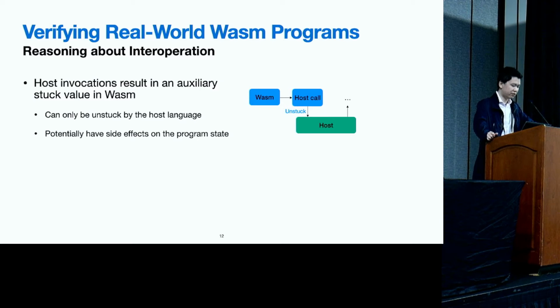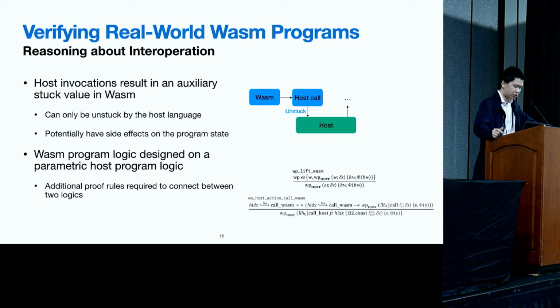is to let host invocations result in an auxiliary stuck value in WASM, which can only be unstuck by the host language. An important design choice is then to make the WASM program logic parametric on the host logic instead of a concrete one. And all of this is possible because now the unblocking of the host calls is completely the responsibility of the host language.